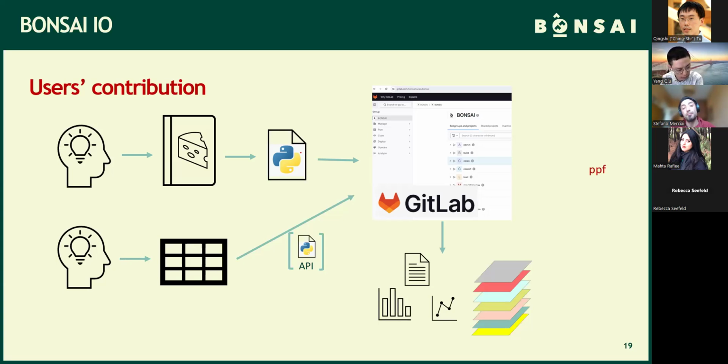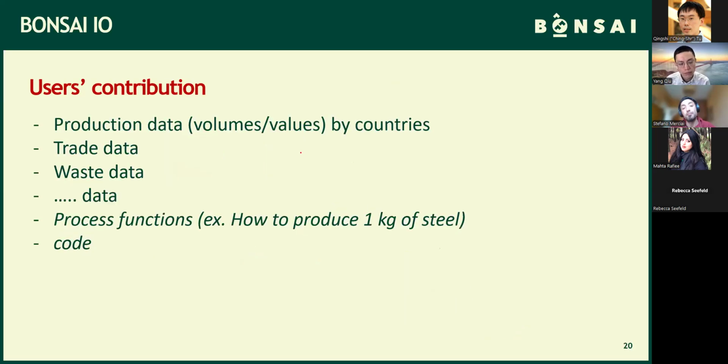Of course, we are writing the guidelines so that they can guide the practitioner to integrate their work in Bonsai. And we are using Git technology, so if you are contributing with code, you will be listed as a contributor to Bonsai.io.